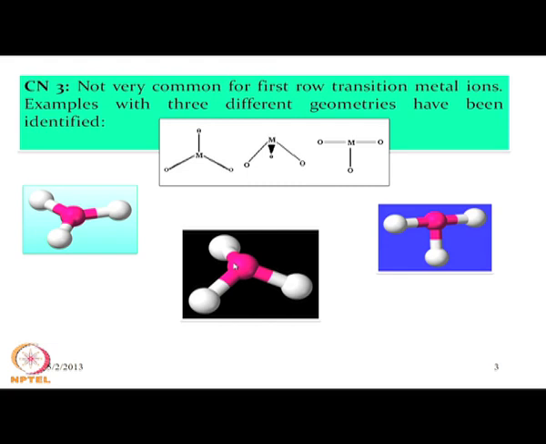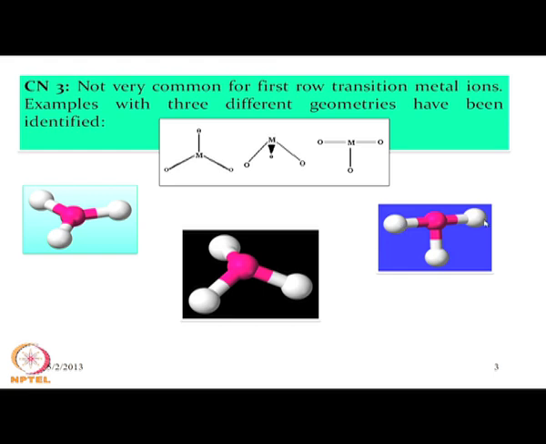If this is a pyramidal structure, we get around 105 degree, but when this is T-shaped, we get two types of bond angles. So, metal ligand bonds are different. This particular M L and this M L will have an angle of 90 degree. This L M L angle is also 90 degree, but this L M L angle is 180 degree.